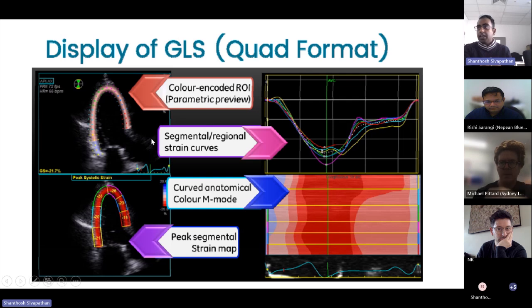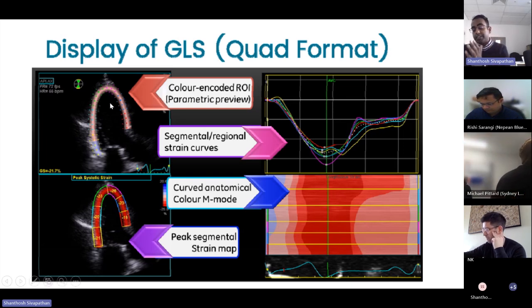This region tells you if it's tracking well, whether you do the strain measurements on your echo machines or post-processing on one of the vendors, whether it's GE, Philips or TomTec. You can see whether the region of interest is actually tracking the myocardium, because in some cases it may not be, and we just have to readjust it.